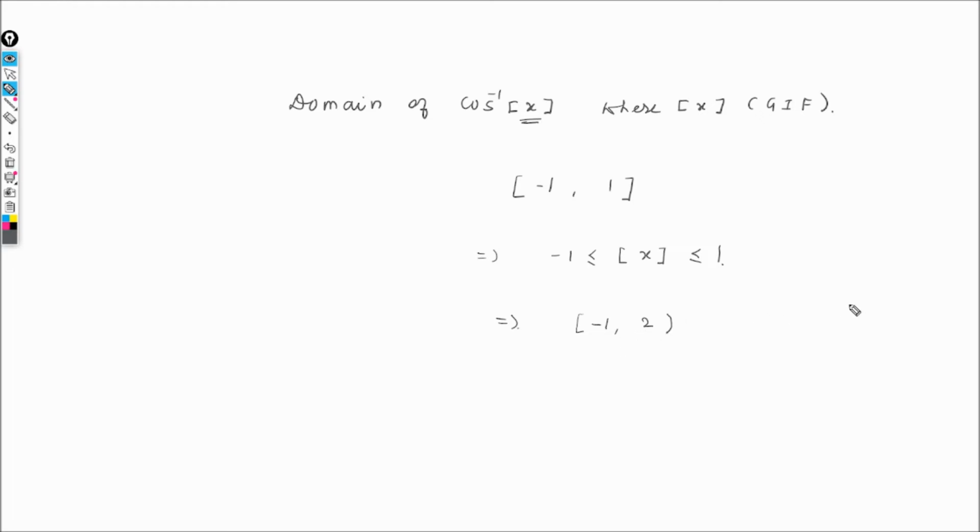So any number which is less than 2, the greatest integer less than or equal to that number is 1. So our domain of this cos inverse of the greatest integer function of x will be this answer.